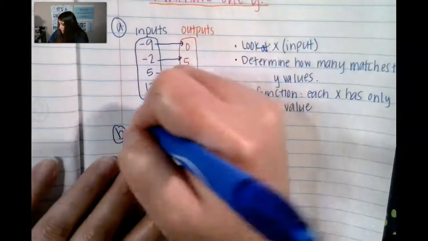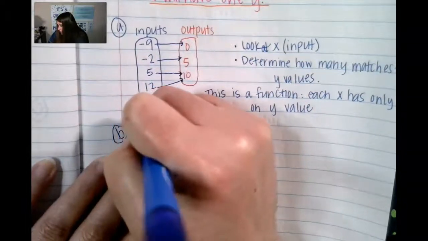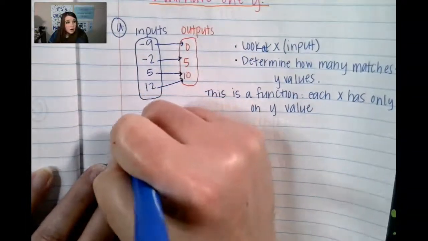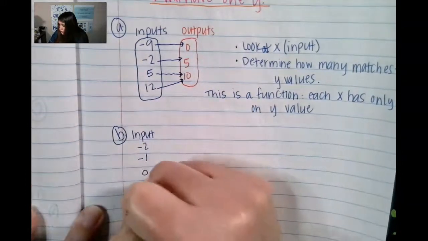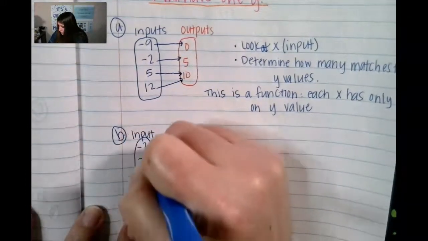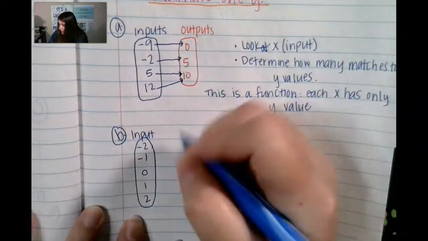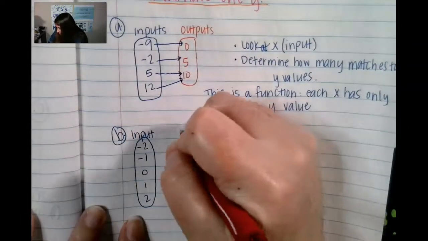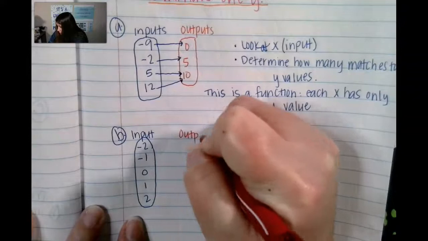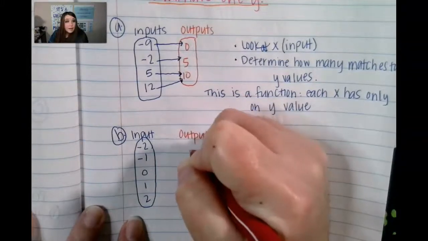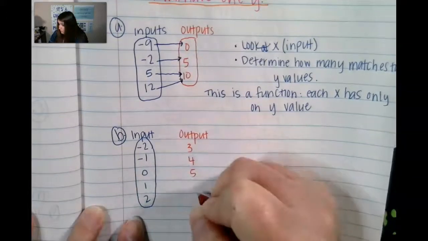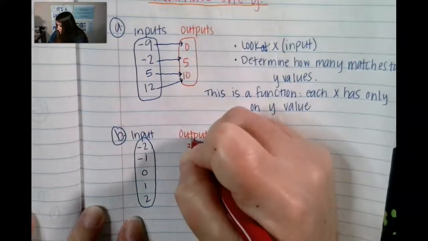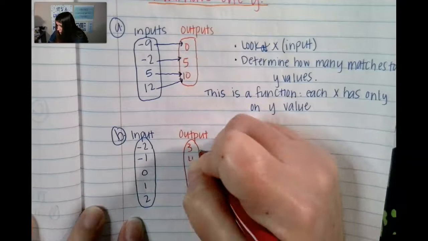In this problem, it says that your input values are -2, -1, 0, 1, and 2. It's a lot of input values. And then it has your output values. And it has 3, 4, 5, 6, and 7 as your output values.